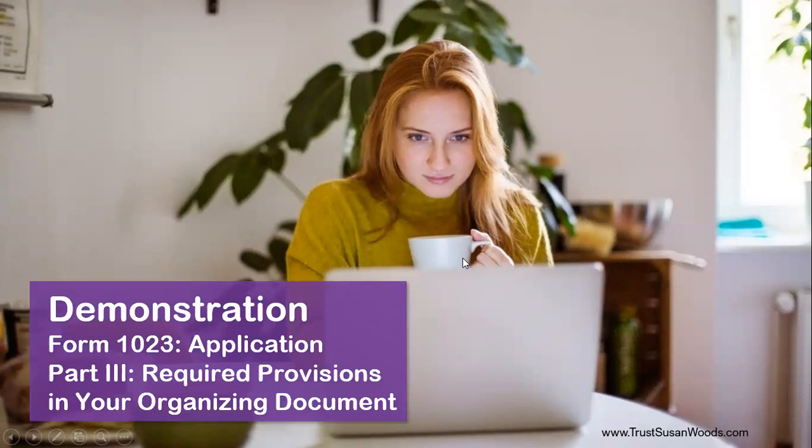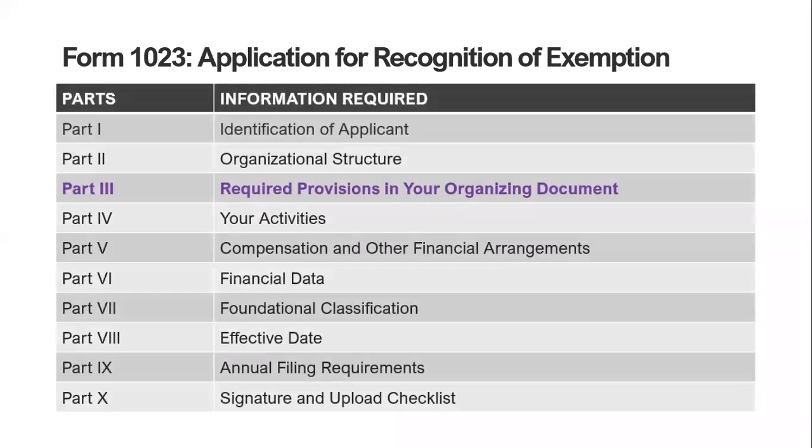Okay, so now we're back. And I have already demonstrated part 3, which is required provisions in your organizing document of the Form 1023 application for recognition of exemption. So again, we successfully completed part 3 of the Form 1023 application for recognition of exemption, which is called required provisions in your organizing document.